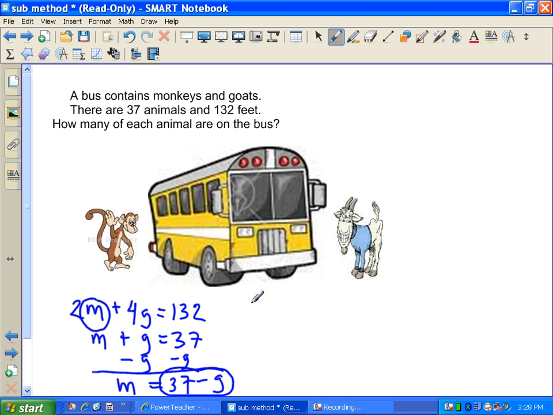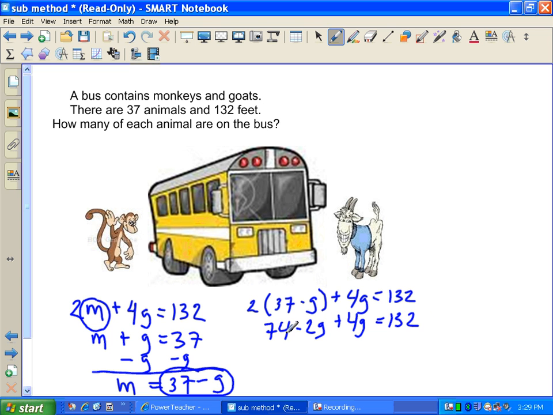So we can do 2 times 37 minus G, what M is equal to, plus 4G equal 132. Distributive property, 2 times 37 is 74 minus 2G plus 4G is equal to 132.